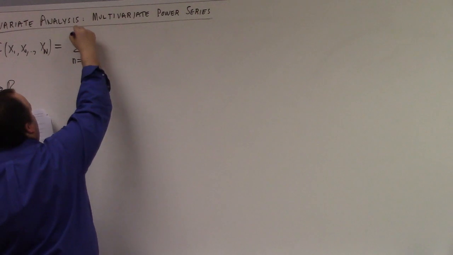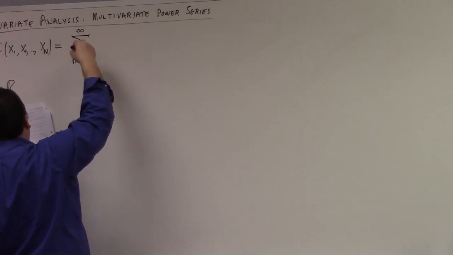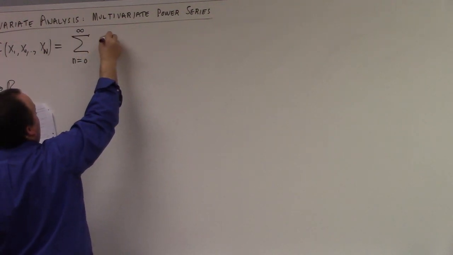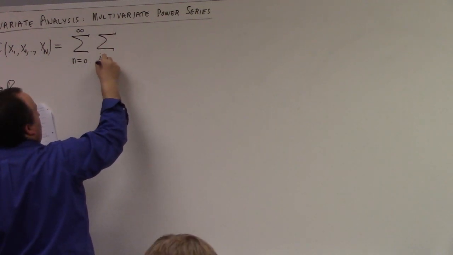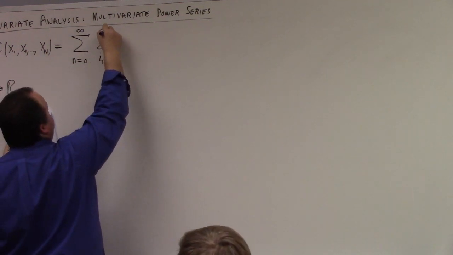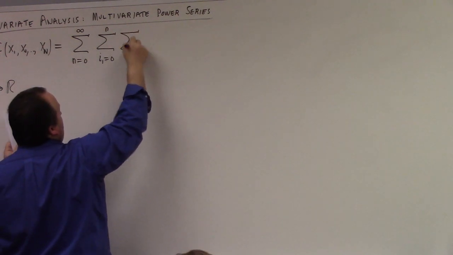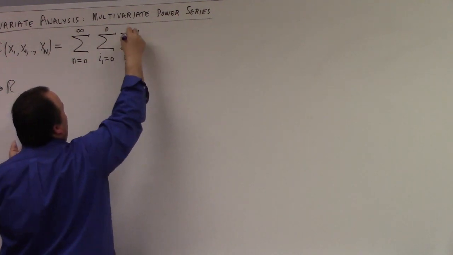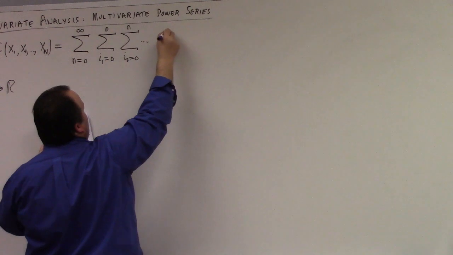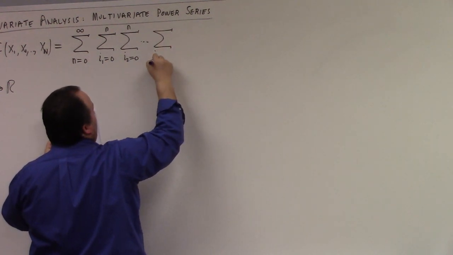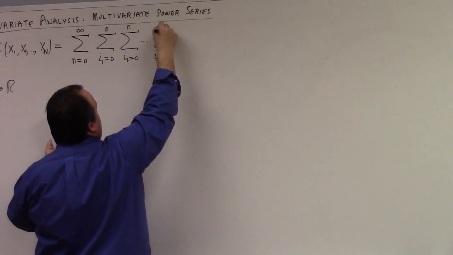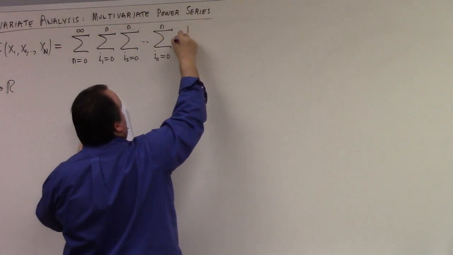So n equals 0 to infinity. Maybe I could use a k here. I don't know. Okay, fine. So sum i1 equals 0 to n, sum i2 equals 0 to n, and so on, sum iN equals 0 to n, 1 over n factorial.